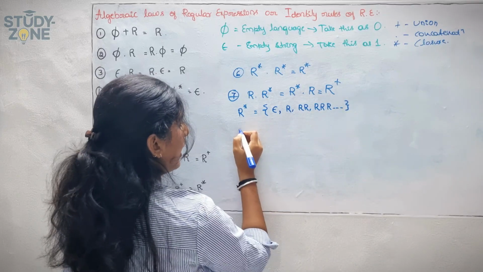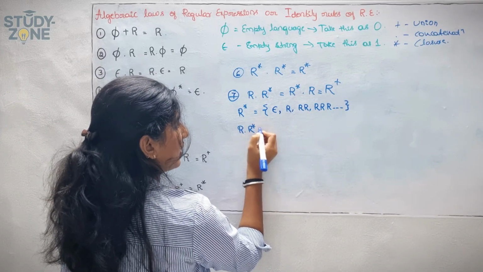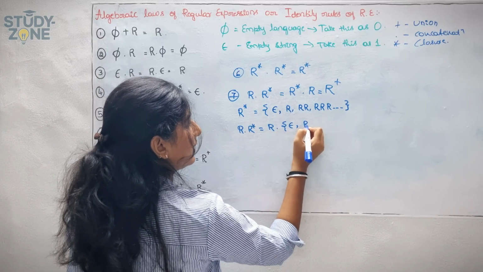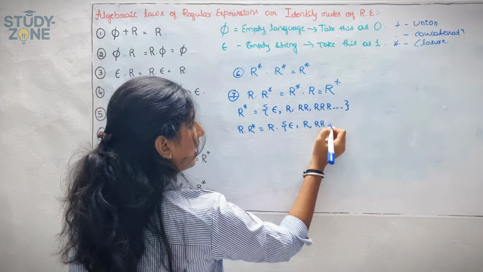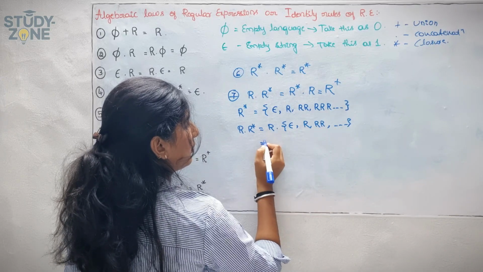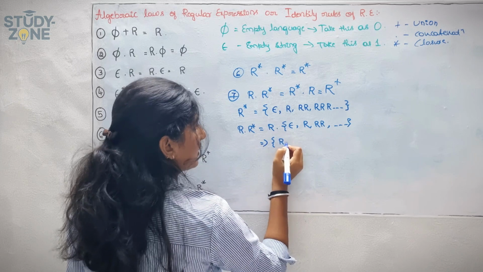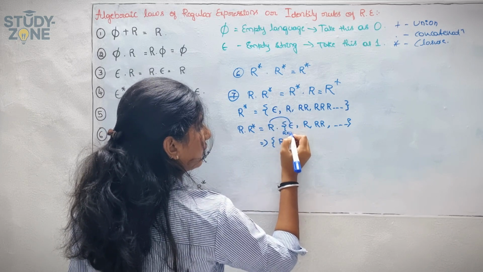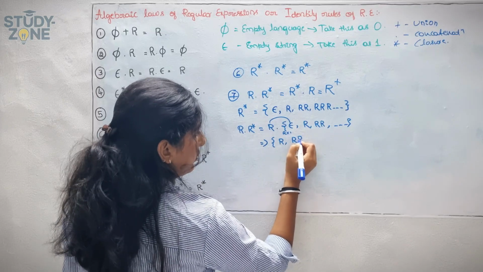Right. Here we have R dot R star, which means R is multiplied with this R star. So it will be R into epsilon, which is R into 1, right? R into 1 equals R, R into R is R, and so on.